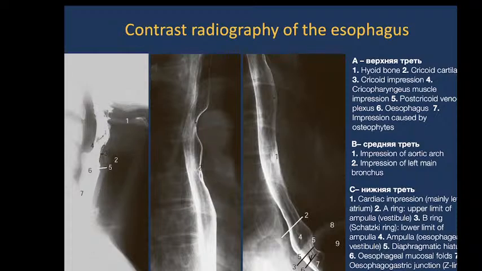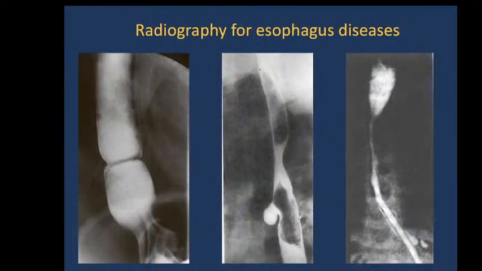Here number 1 is the upper part, then the middle part and lower part of the esophagus. Good visible are the long folds inside of the esophagus, and usually doctors evaluate the surface of the esophagus.